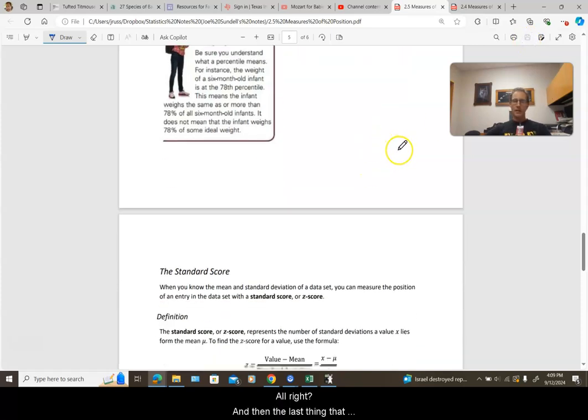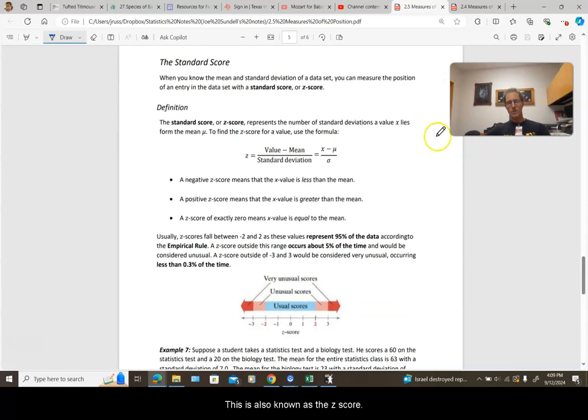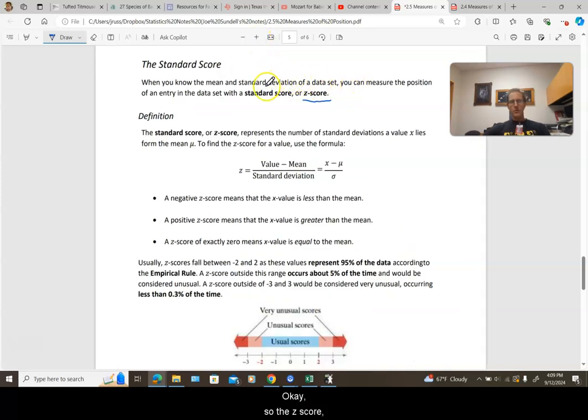And then the last thing that we're going to talk about in this section is the standard score. This is also known as the Z-score, guys. I'll be talking about this a lot throughout this course, by the way. So the Z-score, the standard score: every single distribution is going to have a mean, and every single distribution is going to have a standard deviation. The mean is the measure of centrality, and if we're talking about a bell-shaped distribution, then the mean is going to be in the middle.